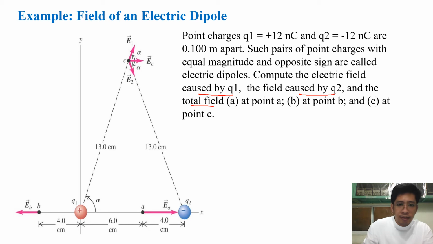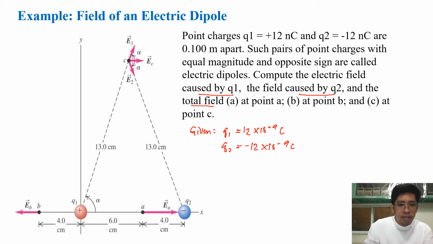So given: you have your Q1, that is 12 nanocoulombs, or 12 times 10 to the negative 9 coulombs. Q2 is negative 12 times 10 to the negative 9 coulombs.